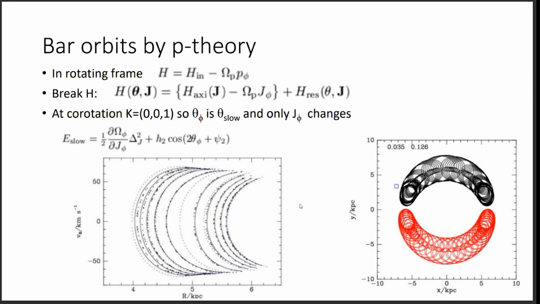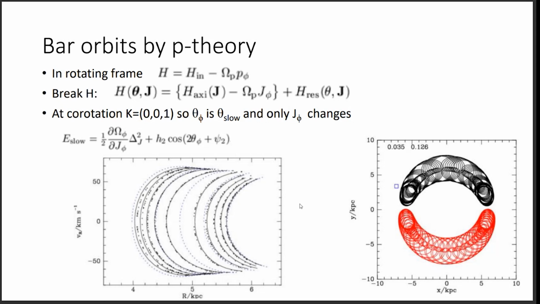So I've explained how to calculate J phi, and we know what omega p is. So this is all known. H axis is some axisymmetric Hamiltonian. From it, I subtract this, and then all of this is a function of known actions, and everything left over goes into here. So this depends on my unperturbed angle variables, my unperturbed actions.